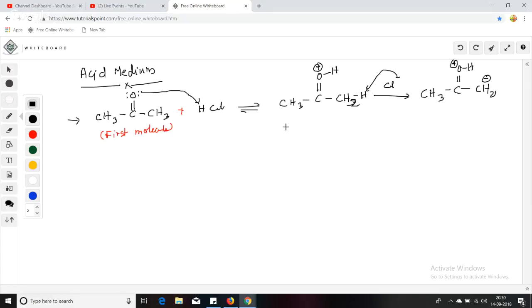Now this negative charge attacks the other molecule. So let me write this down first: CH3 C double bond OH plus, CH2 negative, plus CH3 C double bond O CH3. So this CH3 C double bond O CH3 is the second molecule.